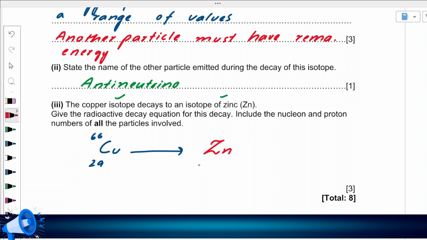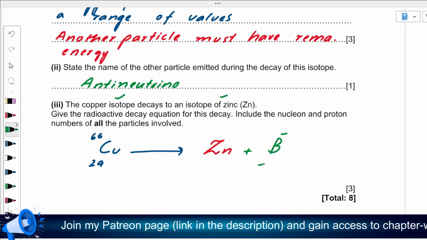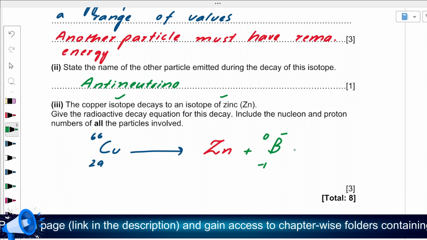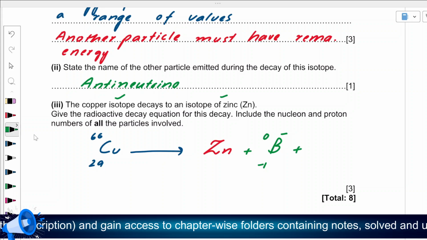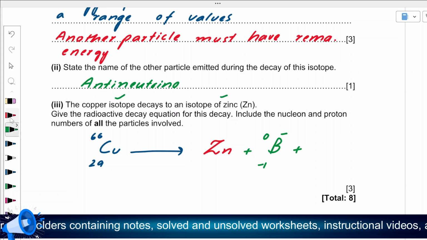We don't know the values of the atomic number and the atomic mass, so we'll wait for a while. And this is the beta negative decay. For beta negative, what do we have? -1 here, 0 at the top. Alongside beta negative, we always have the antineutrino.